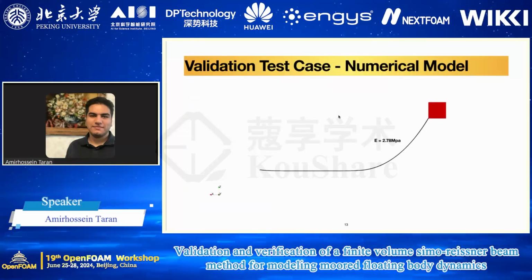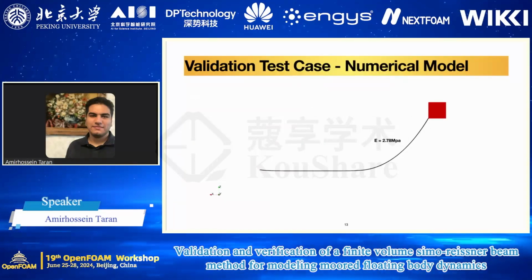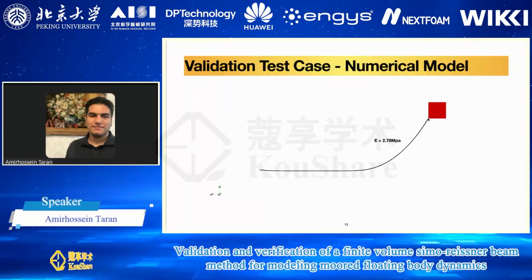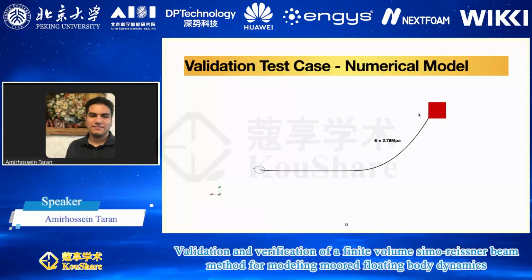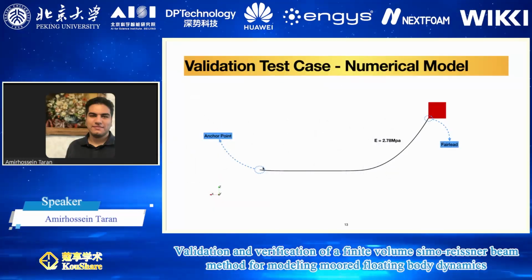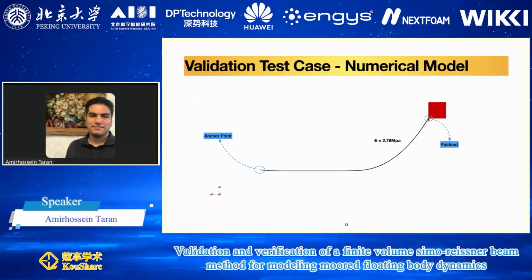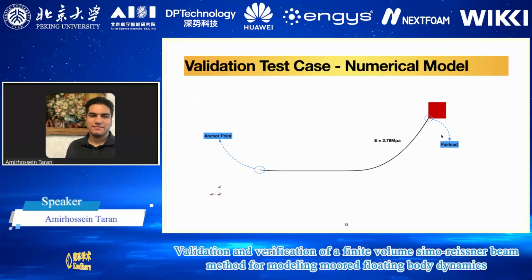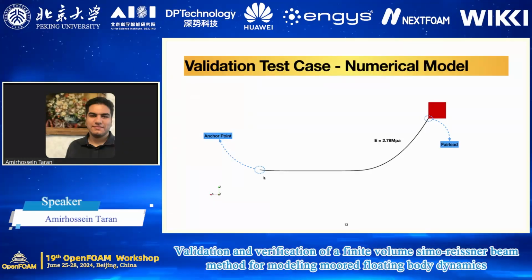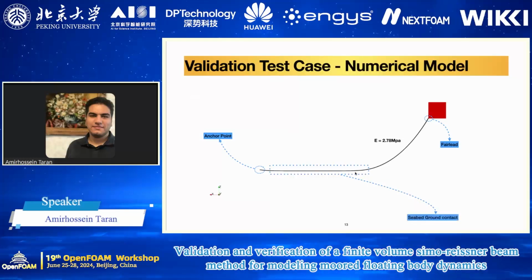Before I enter the results and discuss what's happening in the results section, I will mention a few things about the simulation setup here. The first is that from here I will call this point, which is the attachment of the mooring line to the box, the fairlead, and the other one the anchor point. I have a region here which is a seabed ground contact.